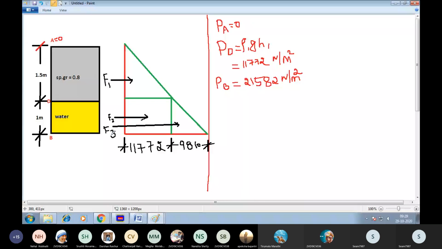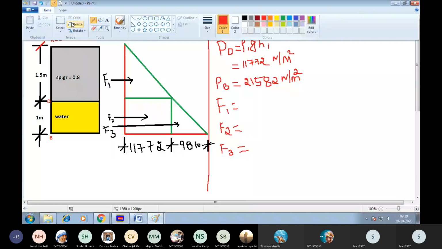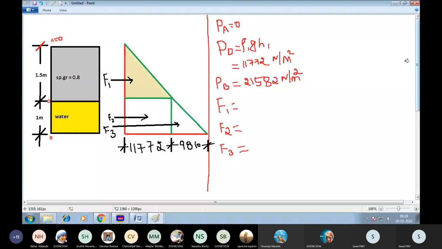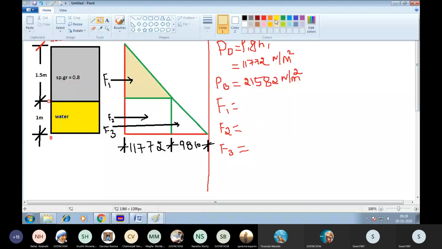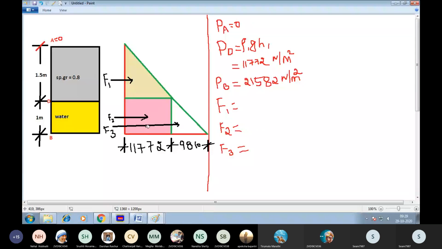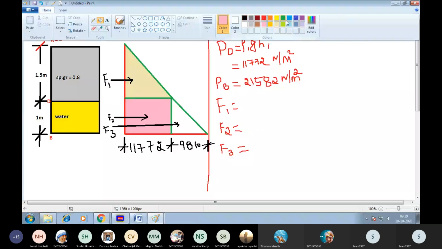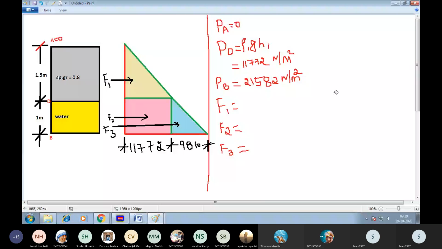Now calculate and tell me what is the value of F1, F2 and F3. What is the value of F1?